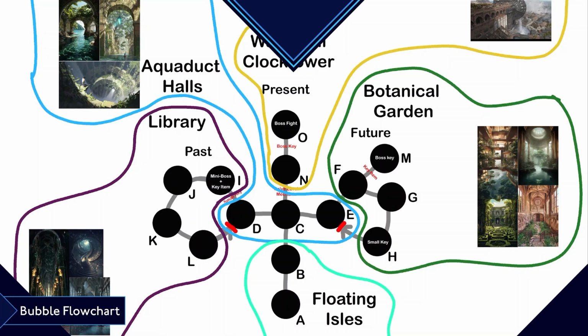Let's not worry about how big every room is and what kind of architecture is in every room. Let's just figure out the spatial relationships between the rooms and how I expect players to flow from one room to the next. That's where a bubble flow chart like this, again with localized references, can be helpful to build that image in your brain of what this is going to look like.